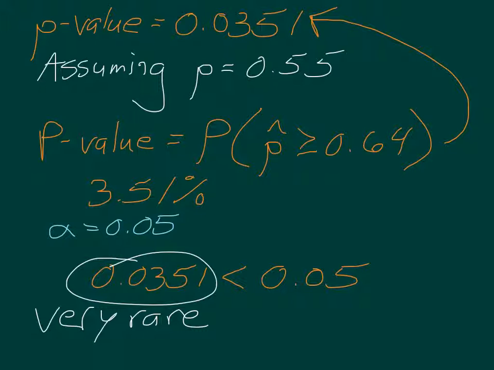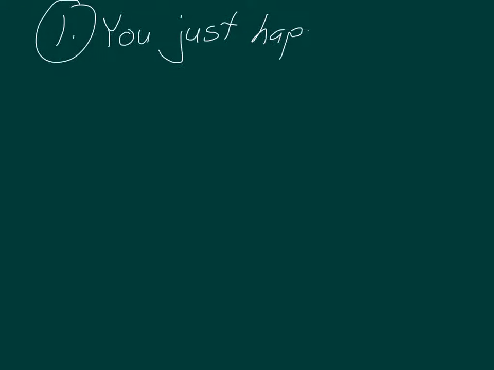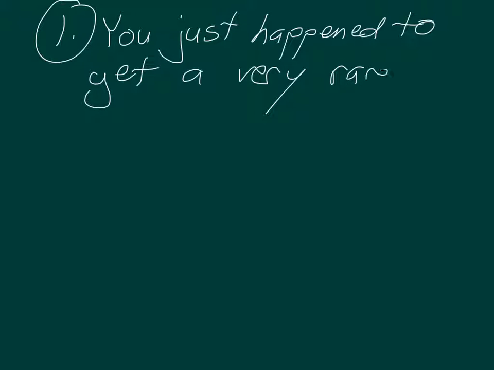Right? And there's two ways we can look at it. We can say that either one way is to say you just happened to get a very rare sample, the type that you only see 3.5% of the time, right?